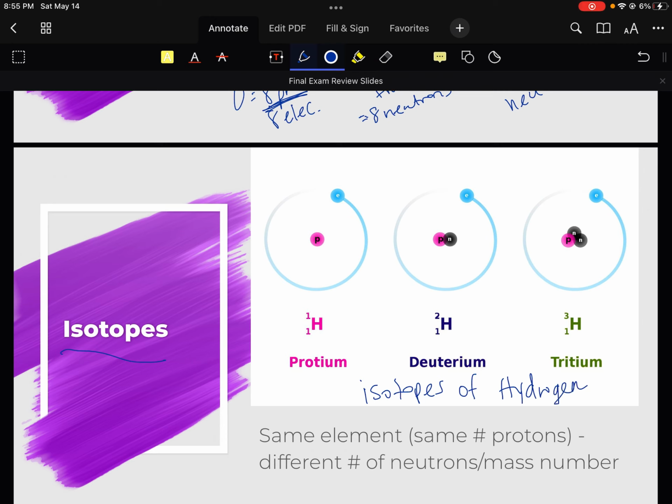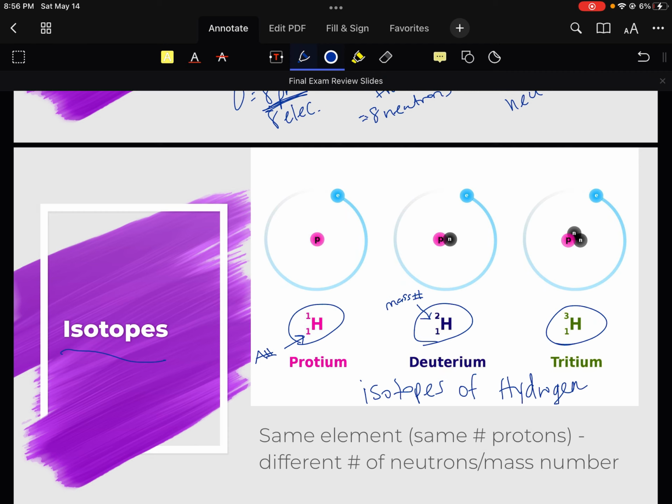You don't need to know those names, but we can write them differently so we know that they're isotopes. So we can see that this number on the bottom is our atomic number. That's telling us that it has 1 proton. And then the number on the top is our mass number.